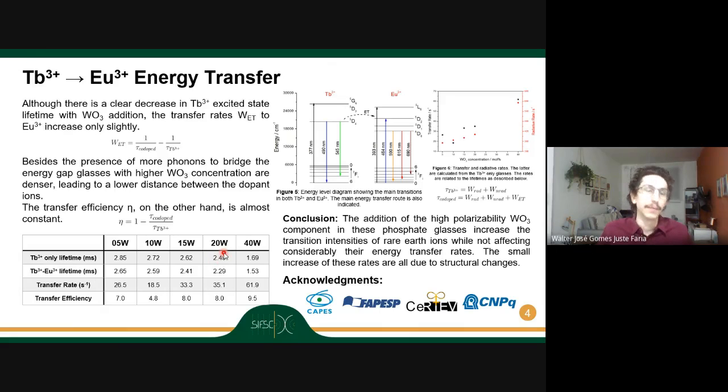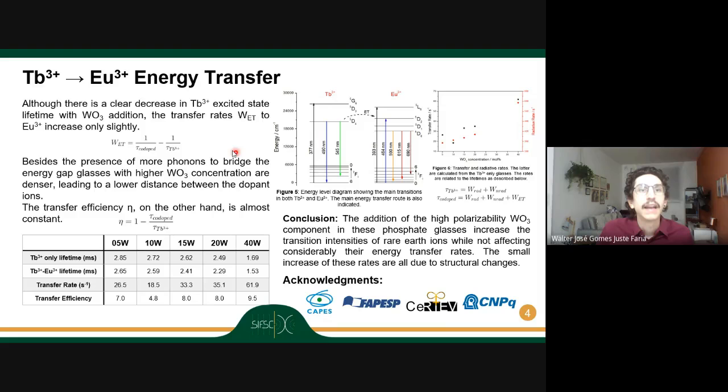So we might check this energy transfer mechanism through the lifetimes. Okay, the mechanism of the emissions is like this. We are exciting terbium, it relaxes to this level here, and then terbium might emit, as we saw in the other graph, but it also might transfer energy to this other level of europium, and then we see emissions from europium. This gap here is bridged by that funnel that I showed you in the previous slide.